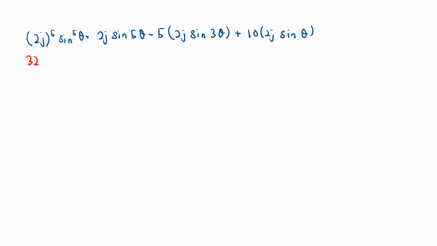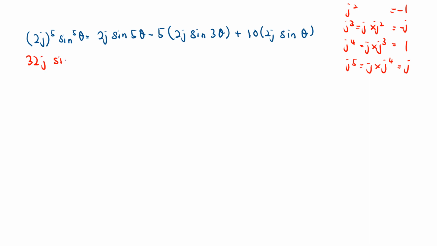For j power of 5, j squared is equal to negative 1. j cubed is j times j squared, j times negative 1, you get negative j. j power of 4 is j times j cubed, j times negative j, you get negative j squared, so equal to 1. j power of 5 is j times j power of 4, j times 1, you get j. So j power of 5 is equal to j.